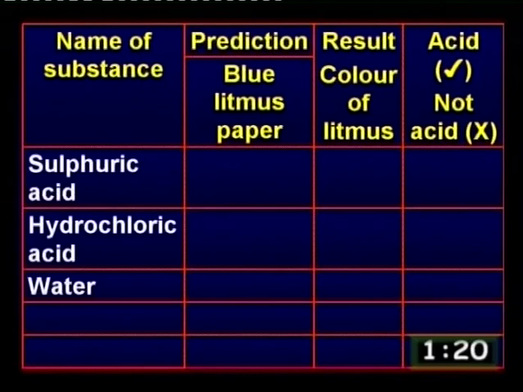The names of the substances that you have on your table, you write the names of the substances that you have on the table, not on the table that is on the screen. What you have present in front of you on your table. So if we have lemon, you write lemon. If you have star fruit, you write the star fruit, which is five corner.